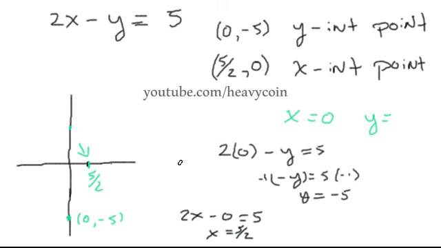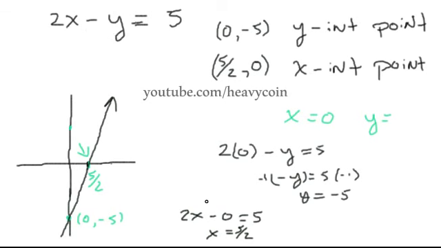Then I'm going to attempt to draw a straight line that passes through here and goes up in that direction. So this is the graph that corresponds with this equation. If we had to graph this equation, this is what we would get.